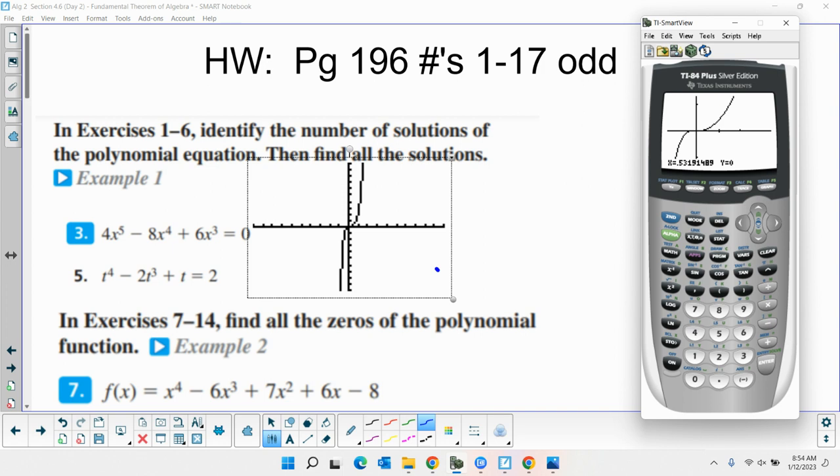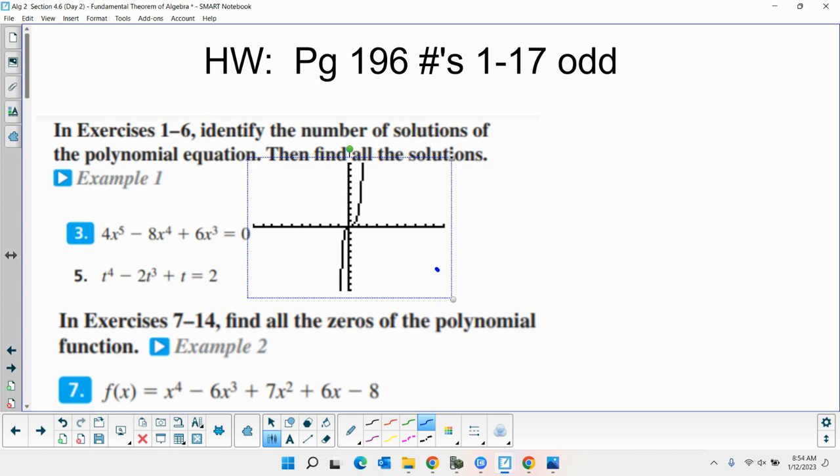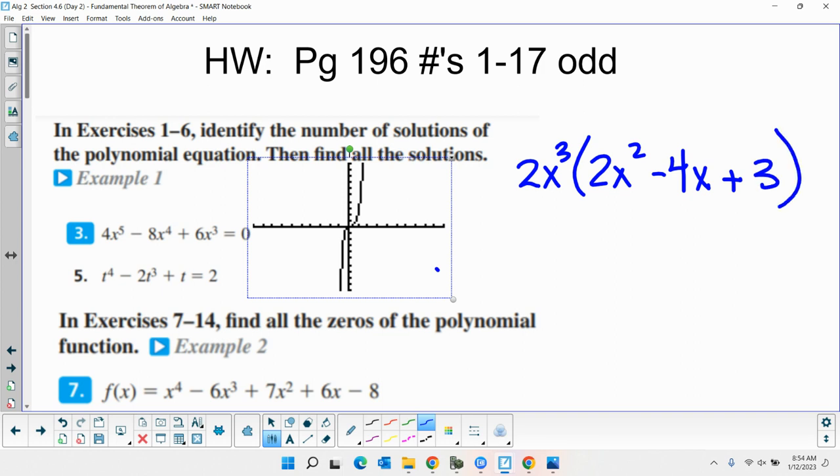So if I were to factor this out, we could see it better. All right. If I take out the 2x cubed as a GCF, then I got 2x squared minus 4x plus 3. If I set this equal to 0 to solve it, I divide by 2, and I get x cubed equals 0.